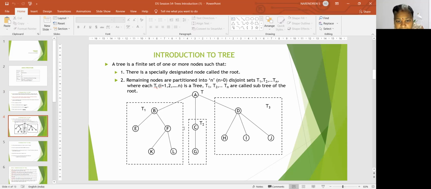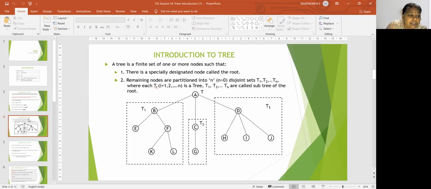In this particular example, T is divided into three subtrees. Means we can make them as modules. These modules are called subtrees.